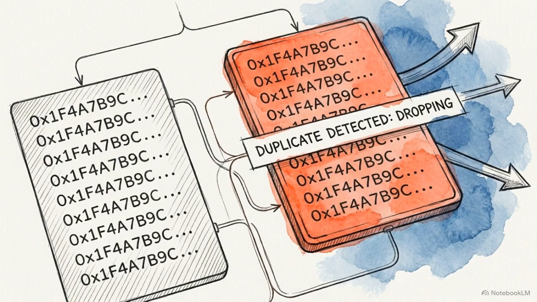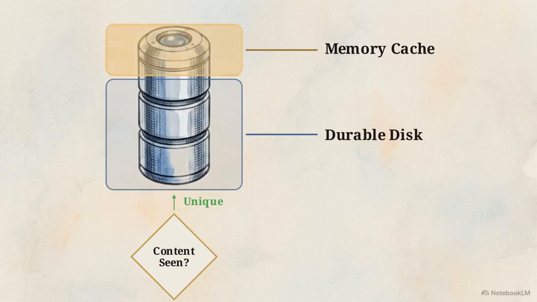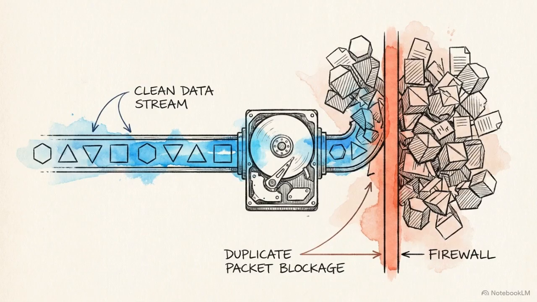If the hash matches a record already in the system, we know we've processed this content elsewhere, and the page is dropped. Only unique content passes through to content storage, which uses a hybrid approach: fast memory for popular data and durable disk drives for the bulk 30 petabyte set. Eliminating duplicate data before it reaches the database is the only way to keep our storage costs under control.